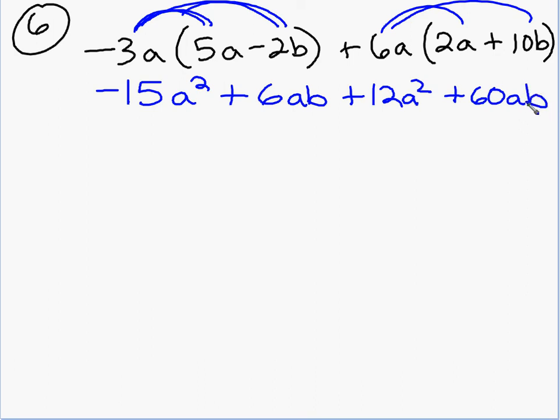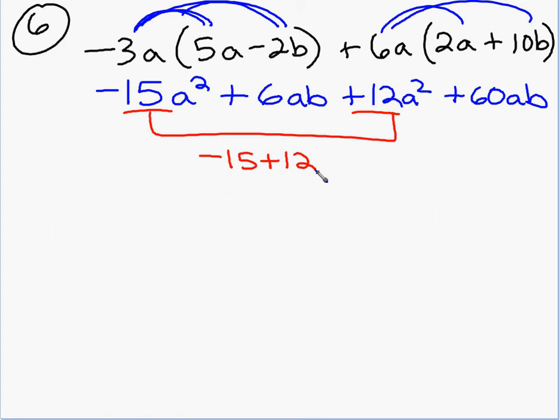Now, that's the first step. There is one more, because I have like terms. So I need to combine these two like terms. They're both a squared terms. All I need to do is the coefficient work. Negative 15 plus 12. What's that? Negative 3.